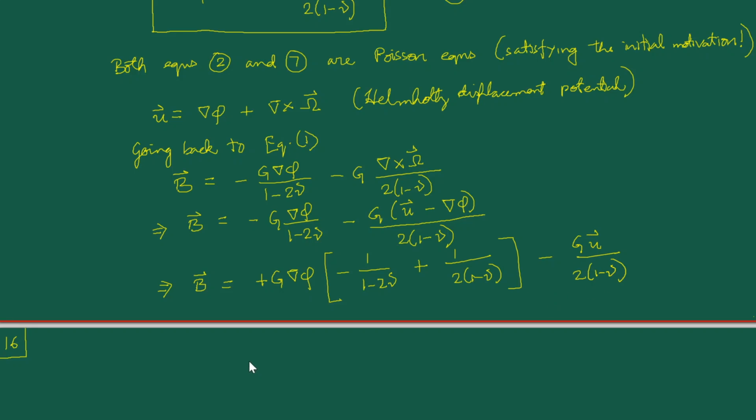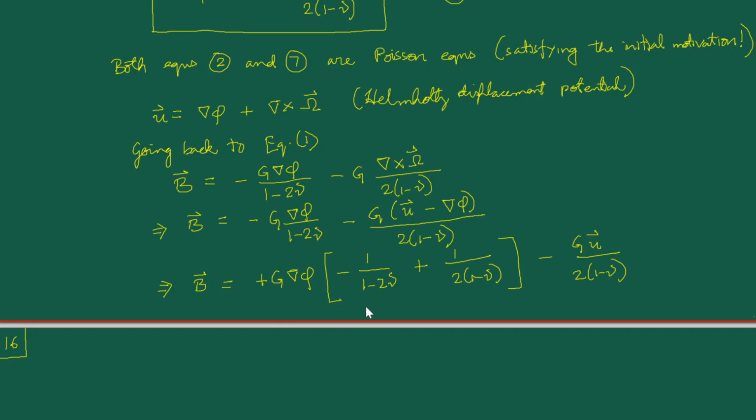All right. Now, our ultimate motivation here is to obtain an expression for the u vector involving the b vector and the beta vector.